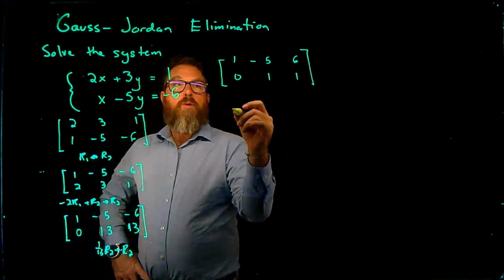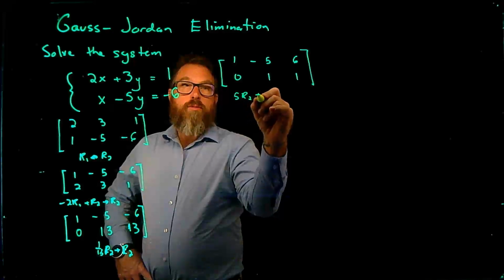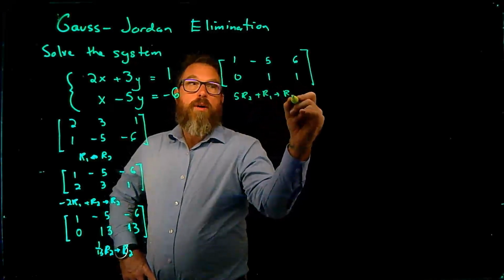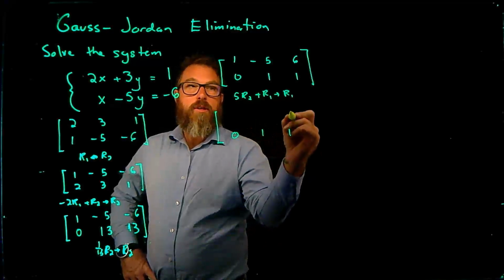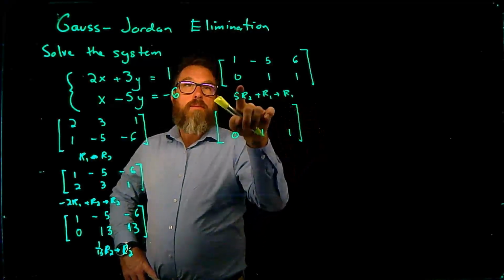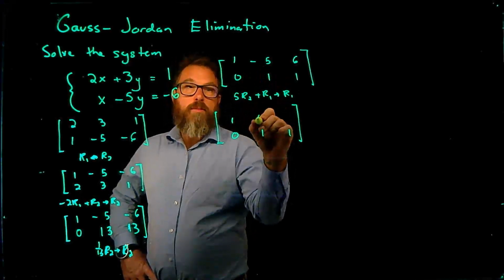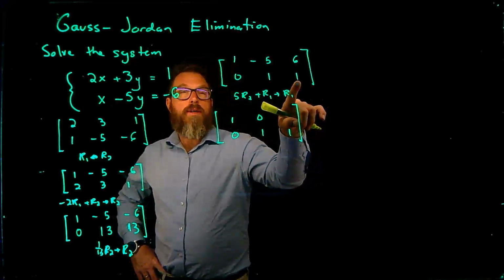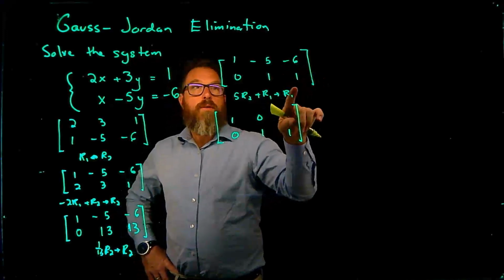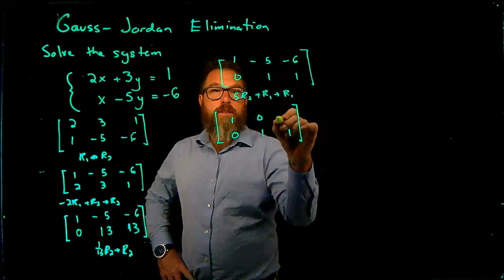All right, so in order to make that a 0, I'm going to go 5 row 2 plus row 1, so I'm going to replace row 1. And what we get is row 2 is unchanged. And now row 1 is going to be 5 times 0 plus 1 is 1. 5 times 1 minus 5 is 0. 5 times 1, this should be a minus 6. So 5 times 1 is 5, minus 6 is negative 1.